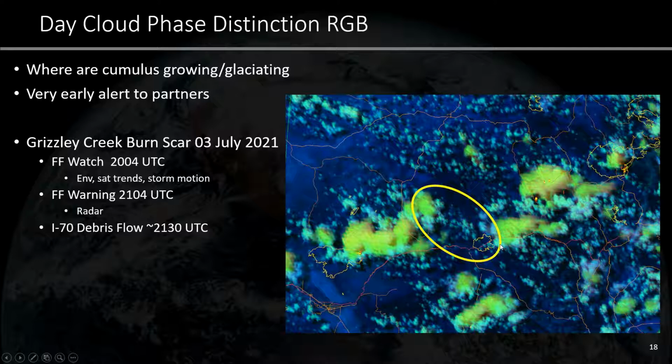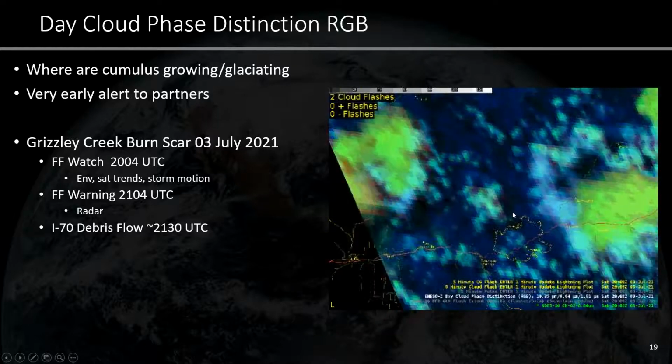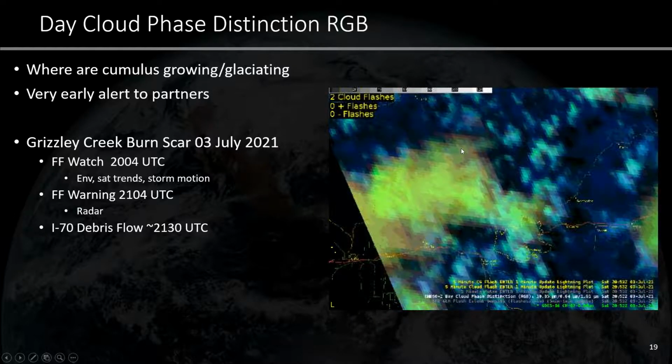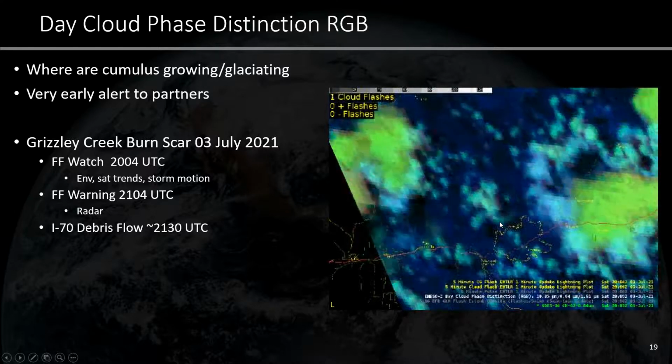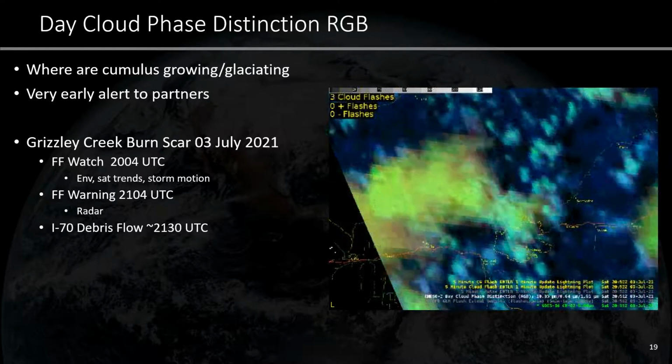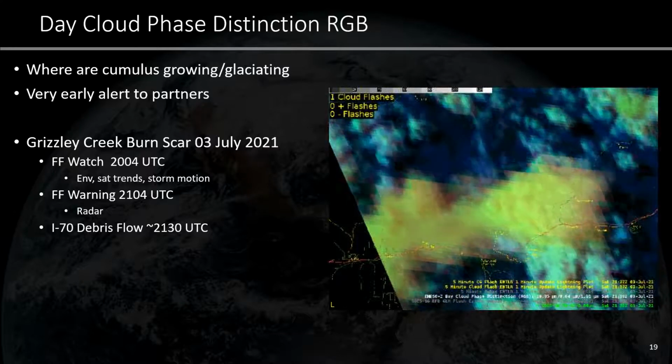And actually, based on the environment, these satellite trends and storm motion, they issued a flash flood watch for the burn scar. And this is, again, stressing the point that you're getting that early alert to your partners that the show's getting started and you've got some time, but this is your early warning. And then for this event, you could see that area continue to grow and glaciate and initiate, eventually moving over the burn scar, and forecasters issuing a flash flood warning based primarily off of radar data.